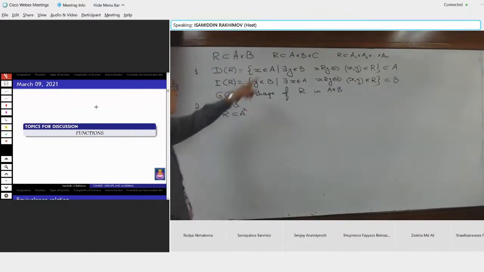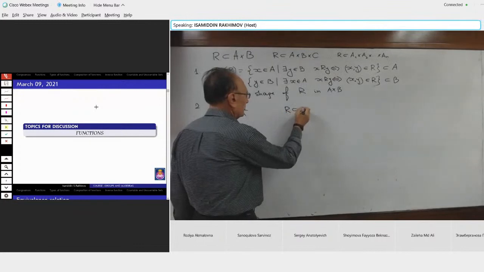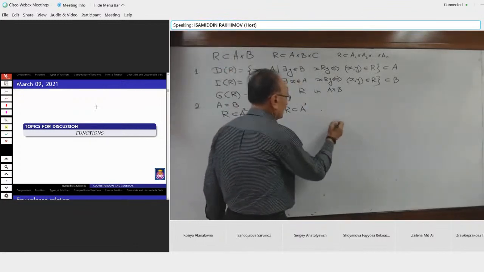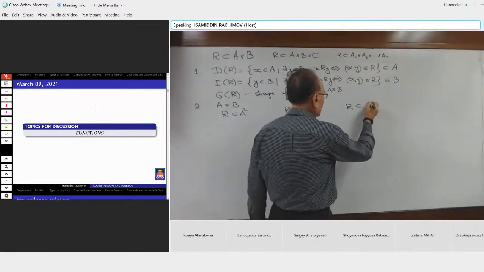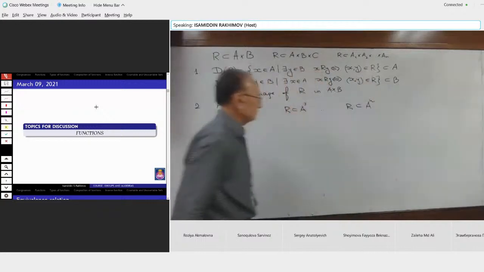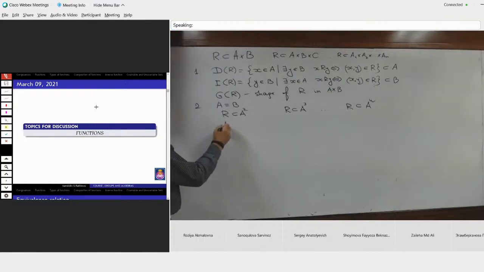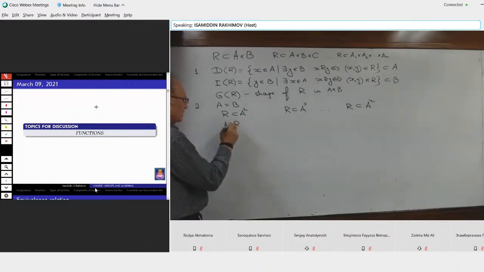In the second case, we have R as a subset of A cube, and R is a subset of A to the n. Look at this. If A is R, in this case, you have single variable calculus.